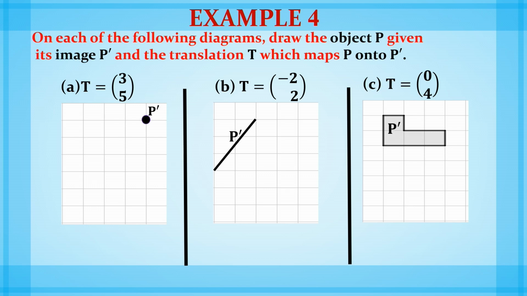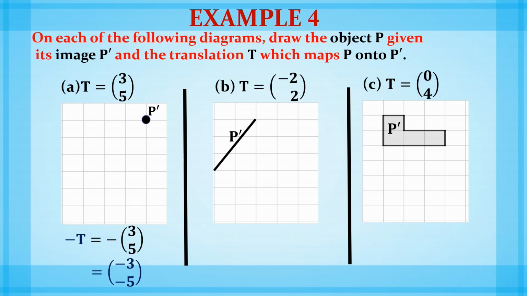Students, remember, if the translation T maps object P onto image P dash, then translation negative T maps image P dash onto object P. In part A, the vector negative T is equal to negative of the vector with components 3 and 5, which equals the vector with components negative 3 and negative 5.